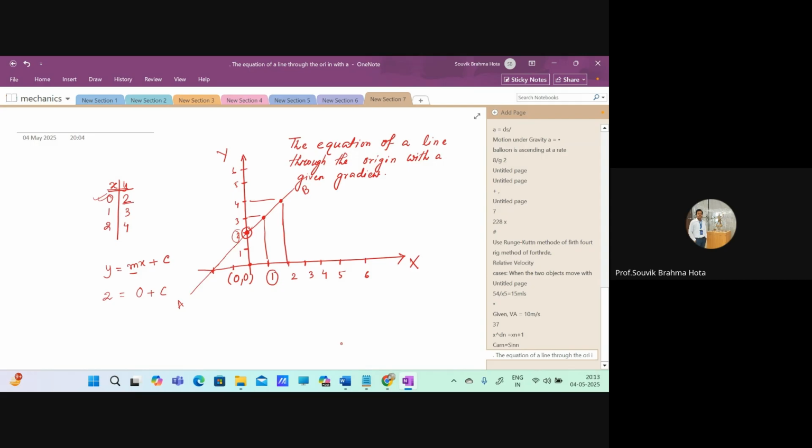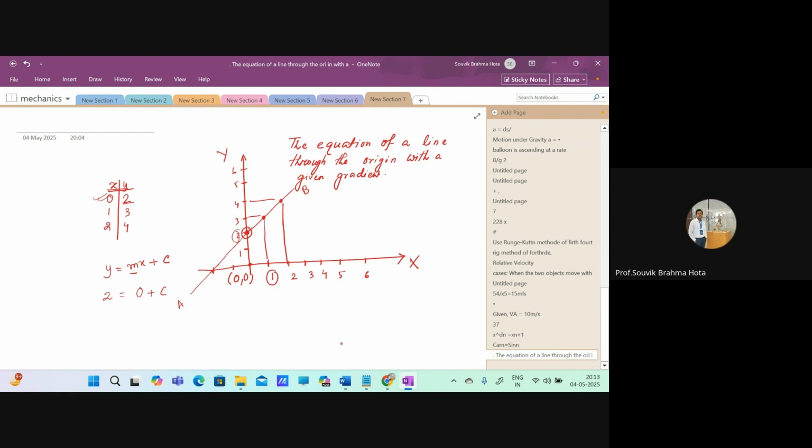And what is this c? Do you know? The constant. C is a constant, and you can say here the c is the point which is crossing the y-axis, the y-intercept.